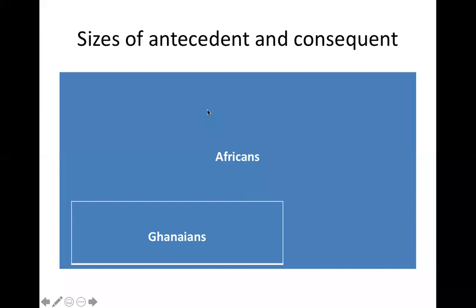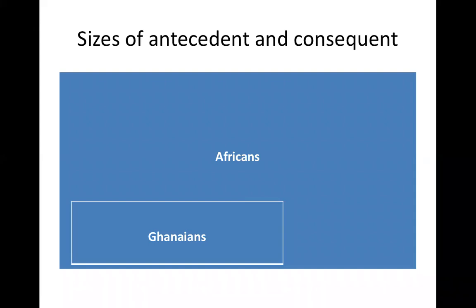If you say someone is not an African, then it means he is not anywhere in the box. You can't say someone is not an African and then say he's in the Ghanaian box. So if you say all Ghanaians are Africans, Peter is not an African, therefore Peter is not a Ghanaian, it's valid.